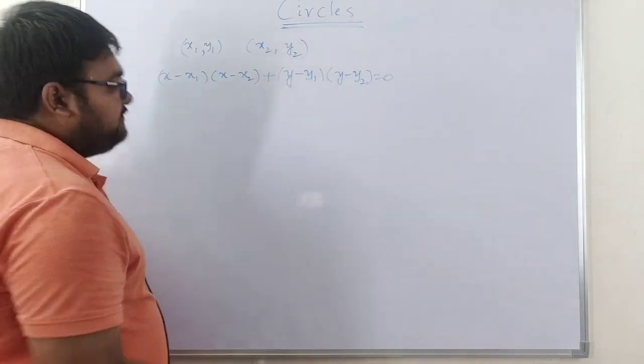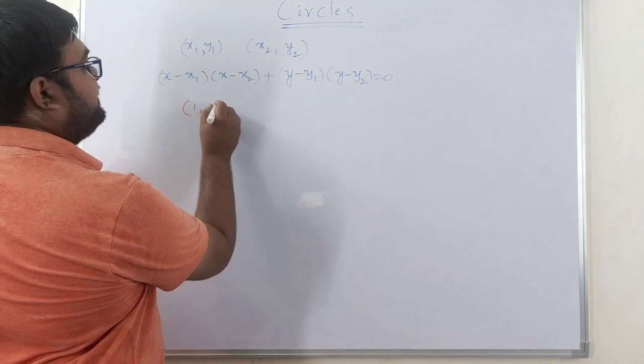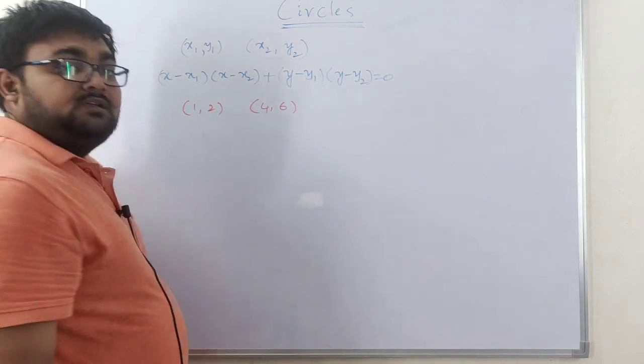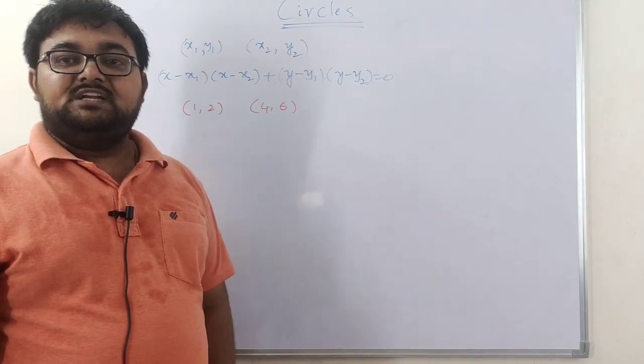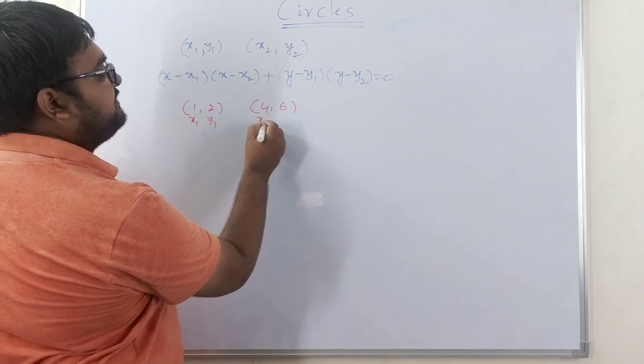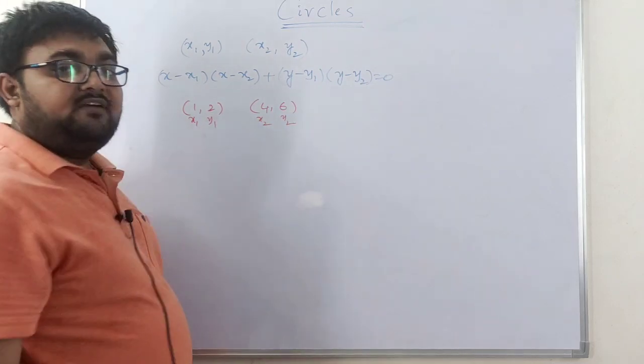So let us consider one particular problem. Let the given points be (1, 2) and (4, 6). This is x1 and y1, x2 and y2.